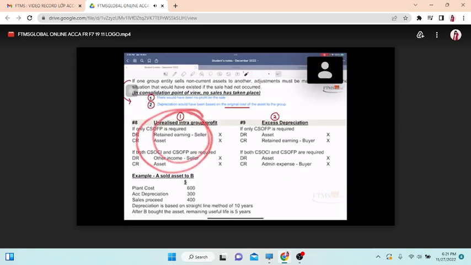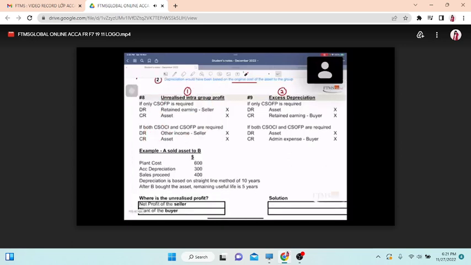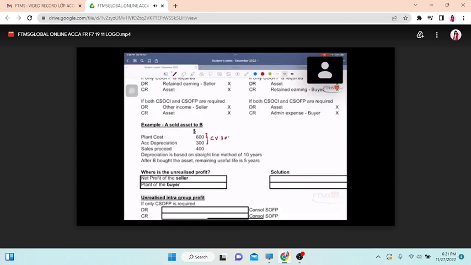So now we have a carrying value of 300. Plant cost is 600, accumulated depreciation 300, so my carrying value is 300. Sales proceeds 400, so easily I can calculate my profit is 100.